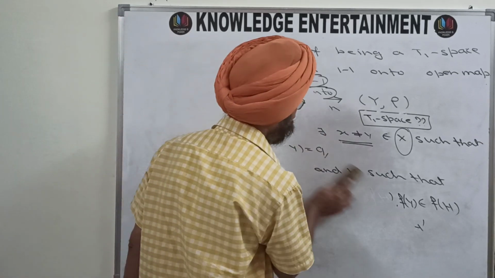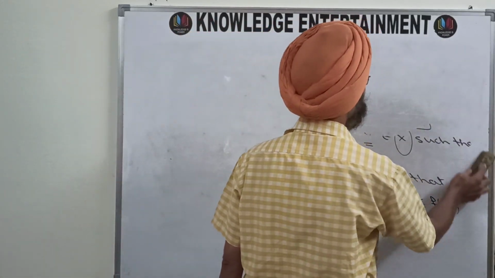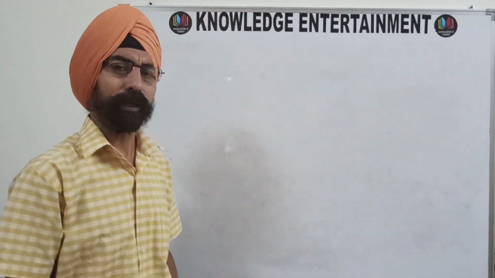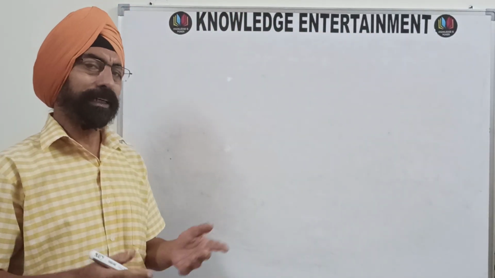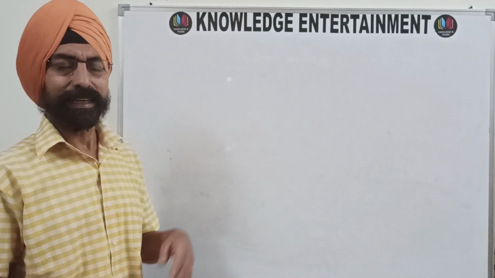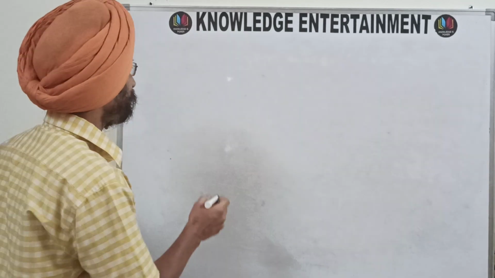This was a topological property, and we know that there is one more important property, known as the hereditary property, which is preserved from a space to its subspace, and that is the next theorem I'm going to prove here.